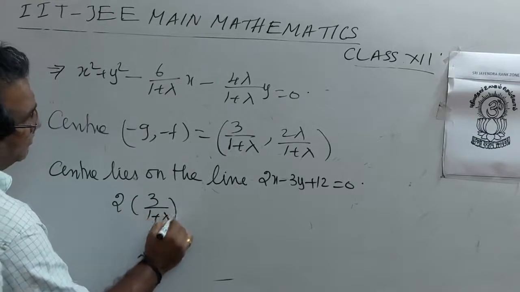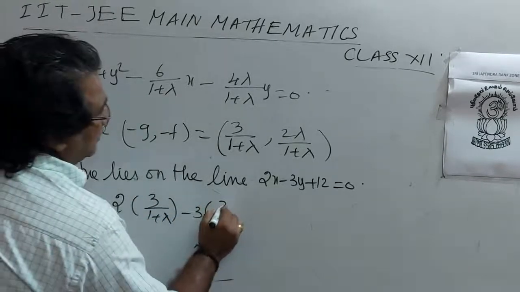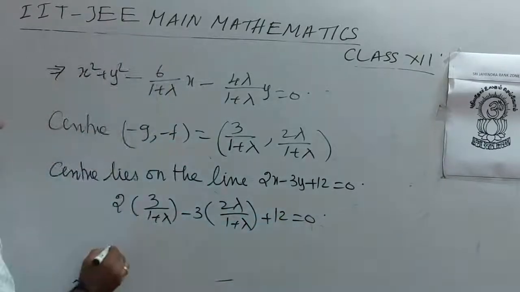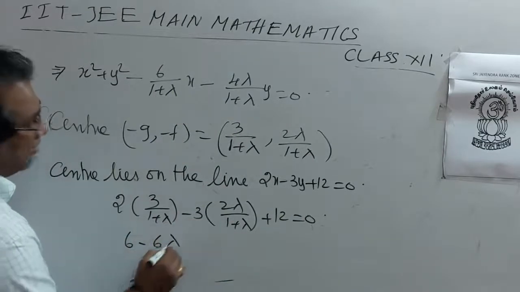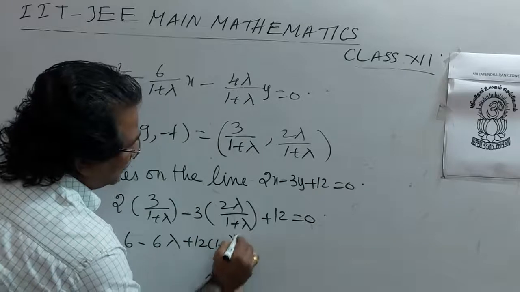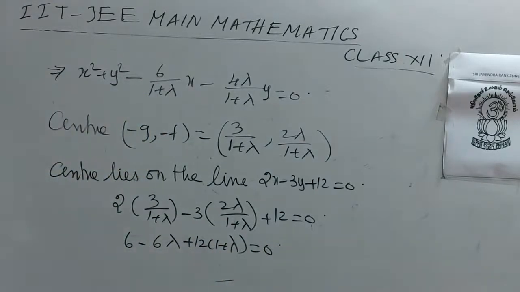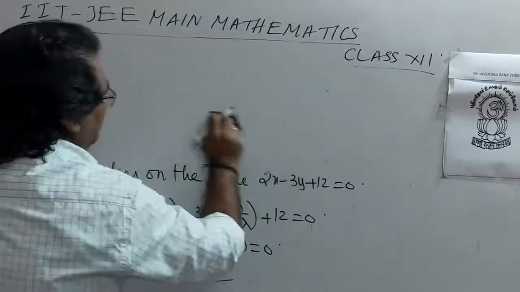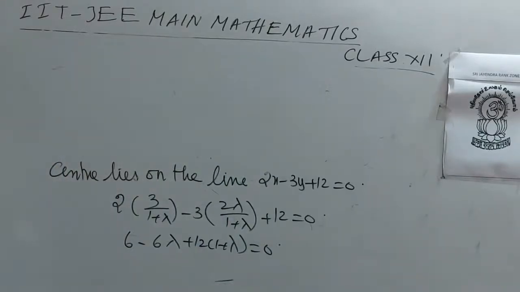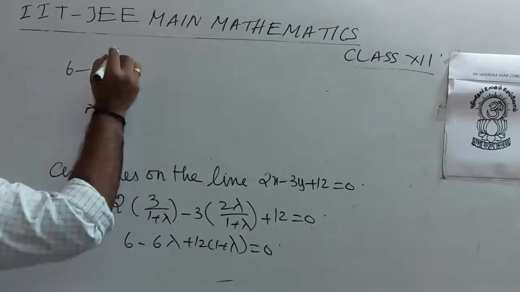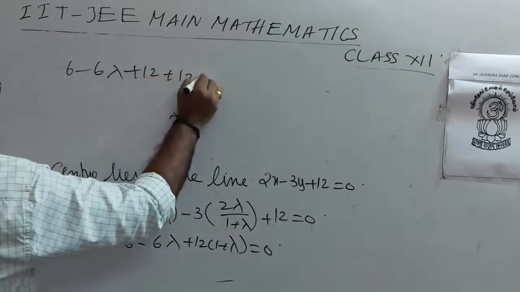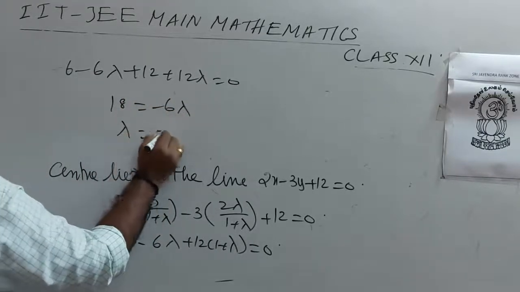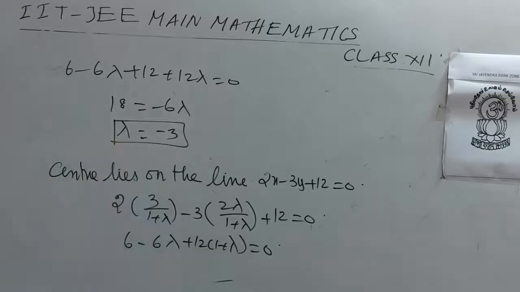So 2 into 3 by (1 plus lambda) minus 3 into 2 lambda by (1 plus lambda) plus 12 equals 0. 6 minus 6 lambda plus 12 into (1 plus lambda) equals 0. 6 minus 6 lambda plus 12 plus 12 lambda equal 0. 18 equal to minus 6 lambda. Lambda equal to minus 3.